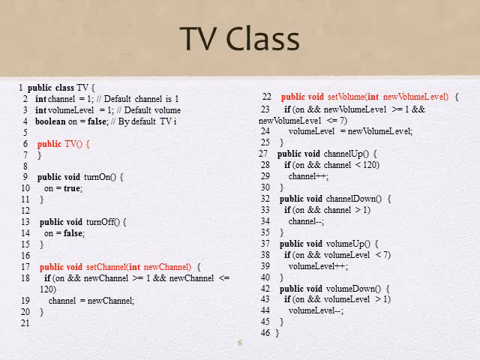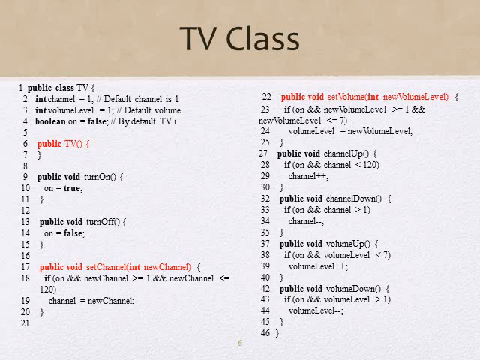Note that the methods in line 17 and 22 are the setters. They expect some input from the calling program, and they set the appropriate properties to the value that is passed to them from the calling program.